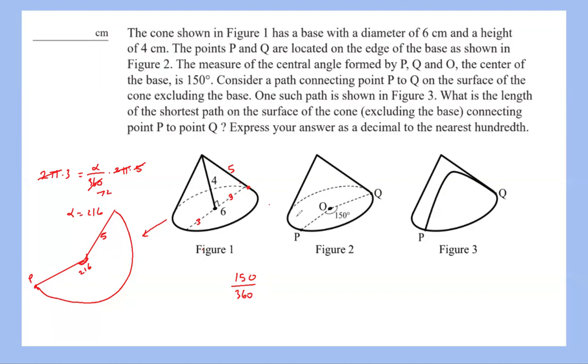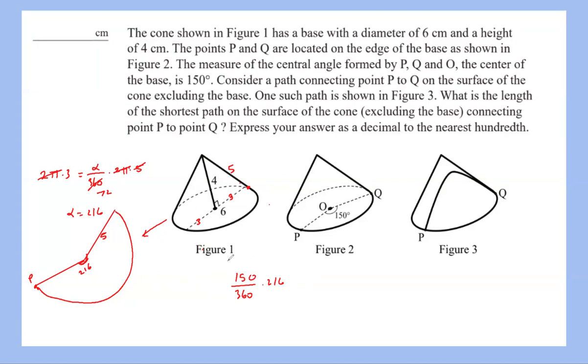When you have the full circle, that will be 360, which means from this point all the way to here will be just P to Q if you had the full circle. But we are going to do this only to 216 degrees, because when you open it, you get this fraction of 216 degrees. If this part is not clear yet, just pause and think about the reasoning and see if that makes sense.